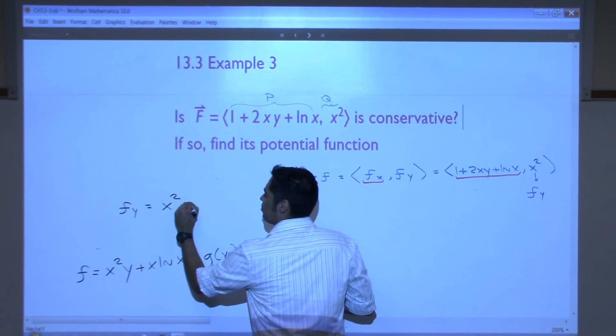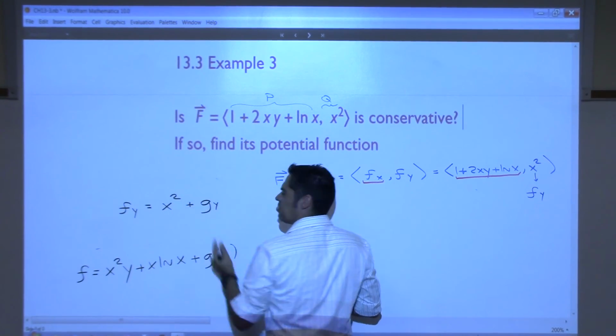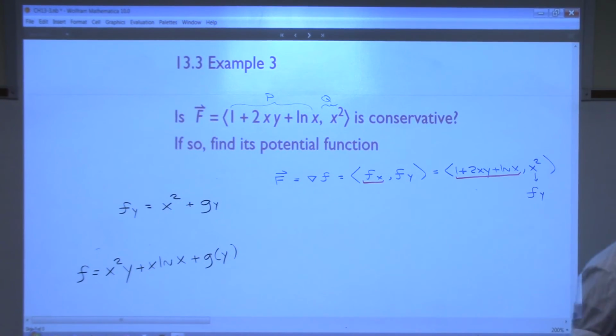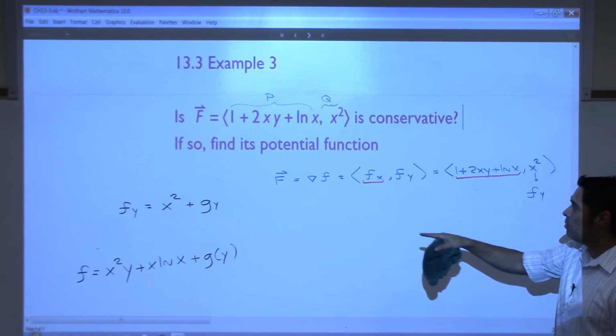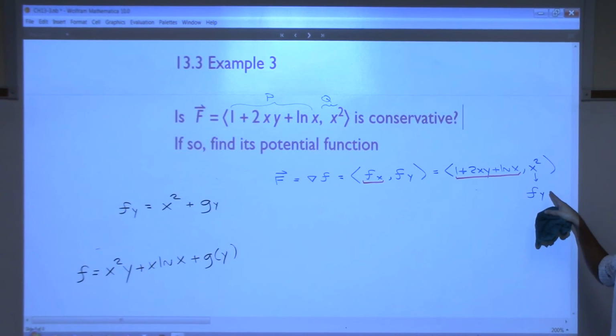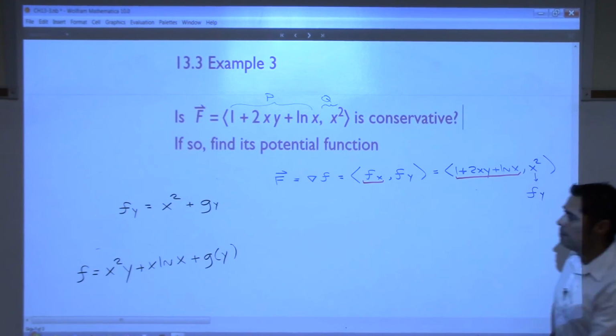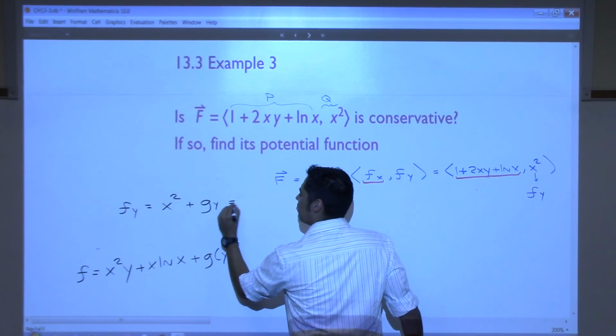I'm going to write it this way. That's okay. That means the same thing, right? We're taking the derivative with respect to y. Understand? But I know that that has to be equal to what? X squared, right? But this must equal x squared.